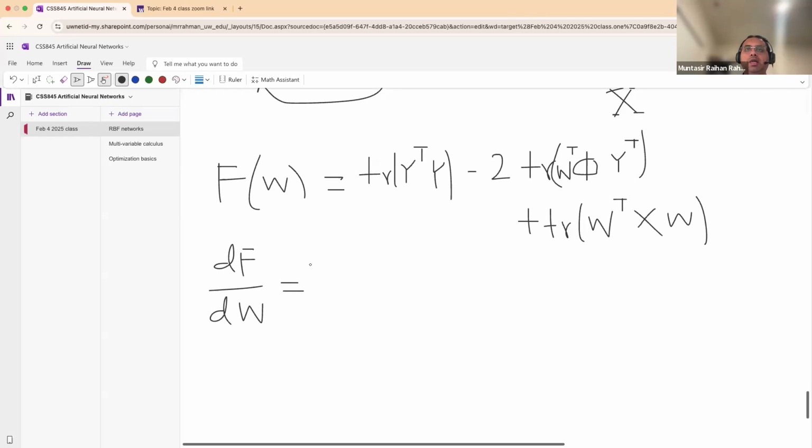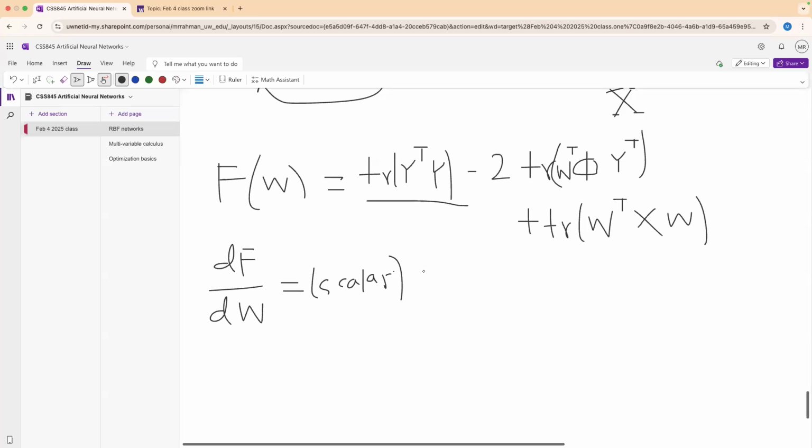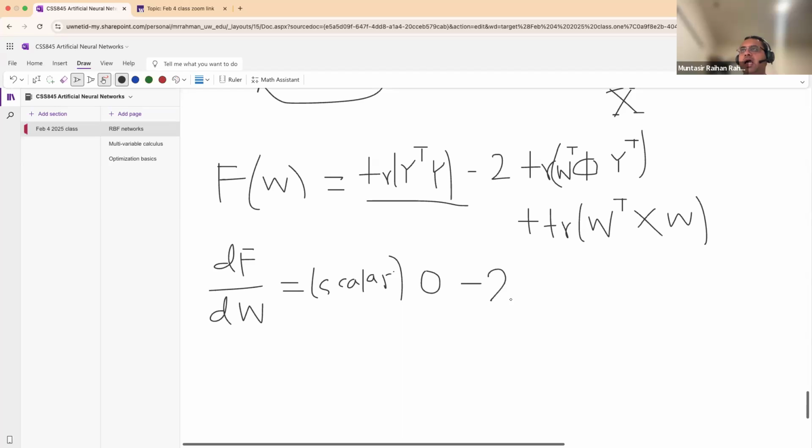So let's now think that everything is a scalar: F is a scalar, W is also a scalar, everything is a scalar. If I want to differentiate F with respect to W, what is the derivative of this first term with respect to W? 0. 0, exactly.